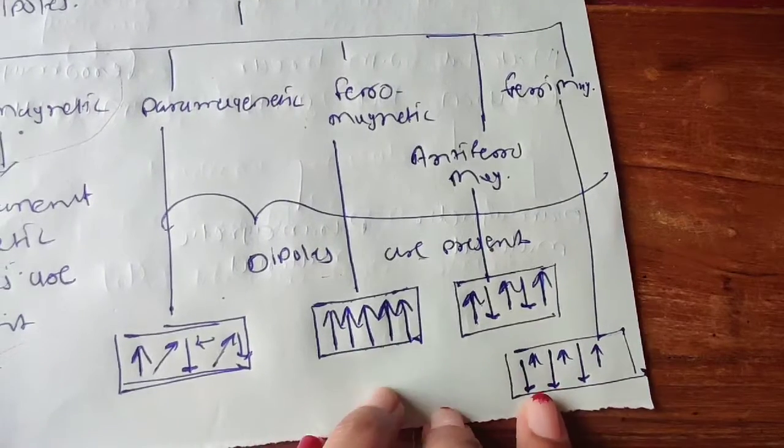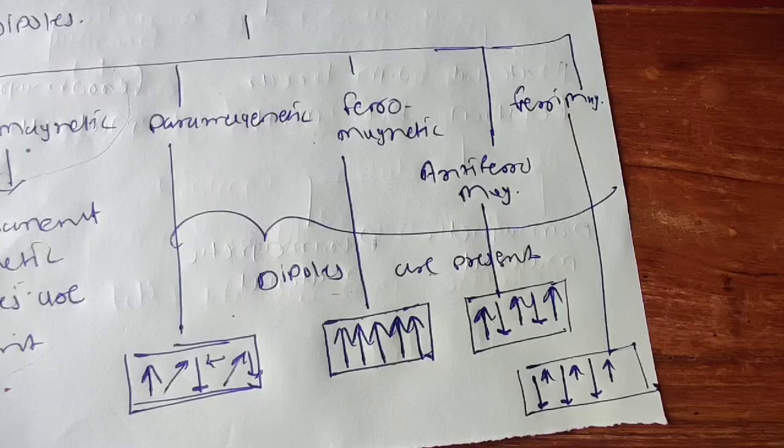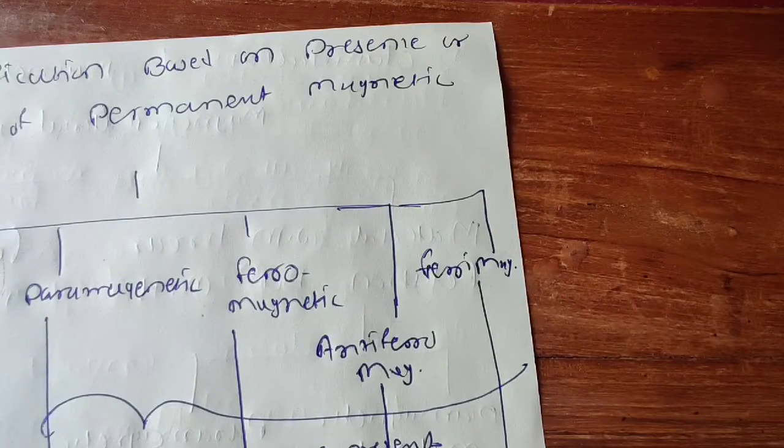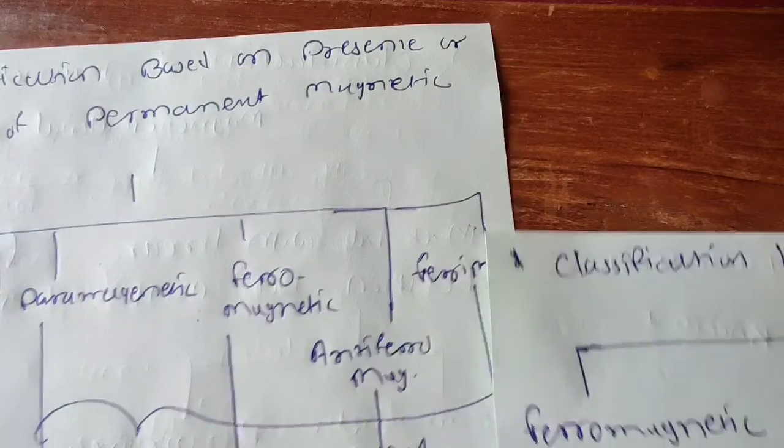So this is all about the difference between the materials in which we classify magnetic material, whether the permanent dipole is present or absent. You need to memorize all these differences. They may ask you this in a theory question, which is very important.